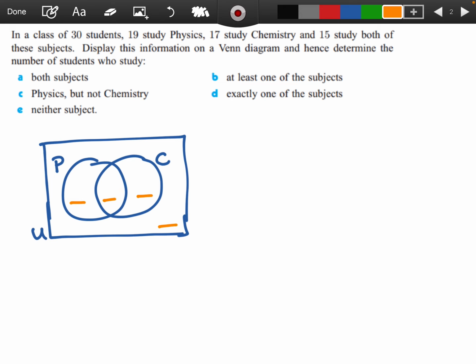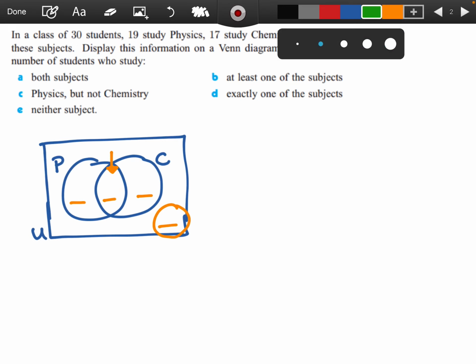You are always going to start with either the outside number or the number in the center. So you're looking for keywords such as neither or both. So in this, we have this little word up here, both, and we know that 15 study both. So because we know that 15 study both, that is the first number we're going to put in. So we've got 15 people placed inside our both circle.